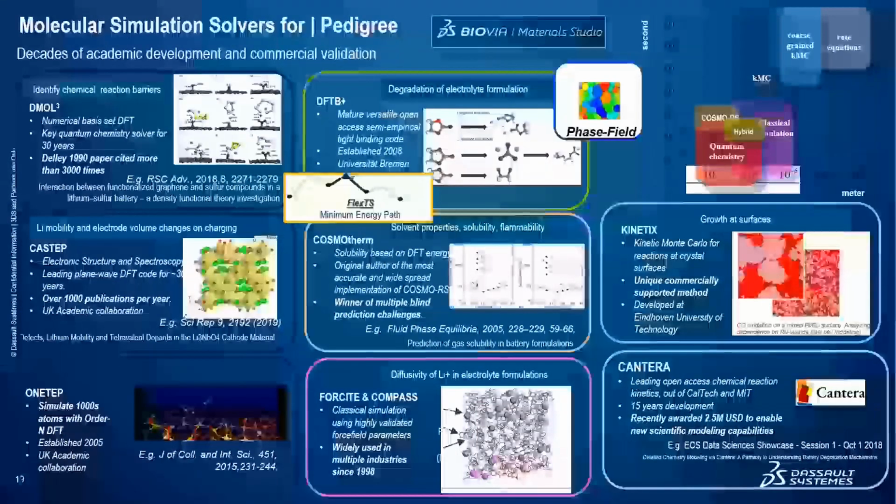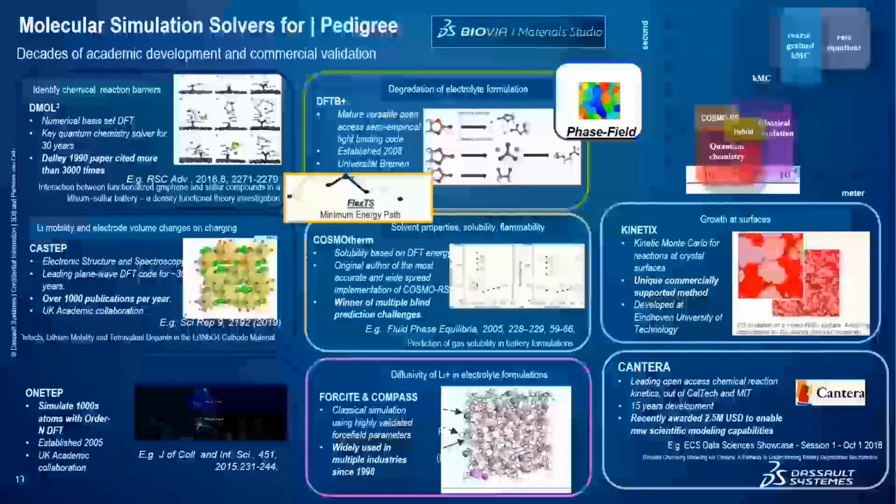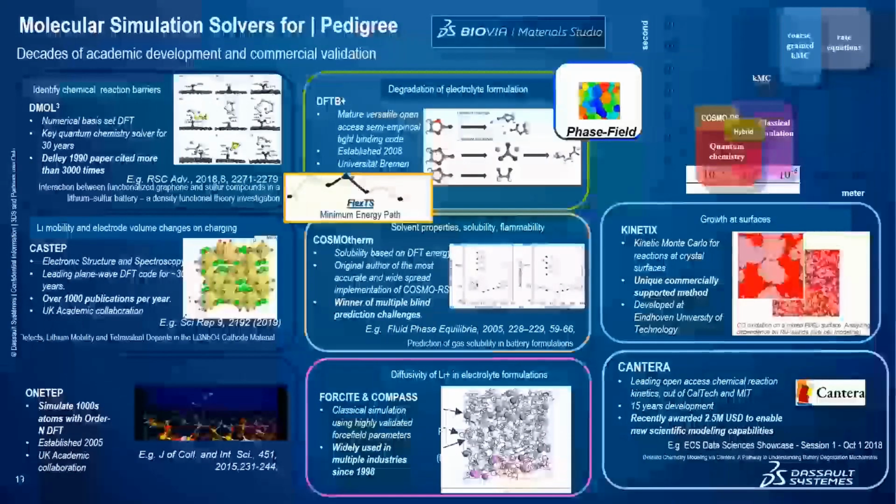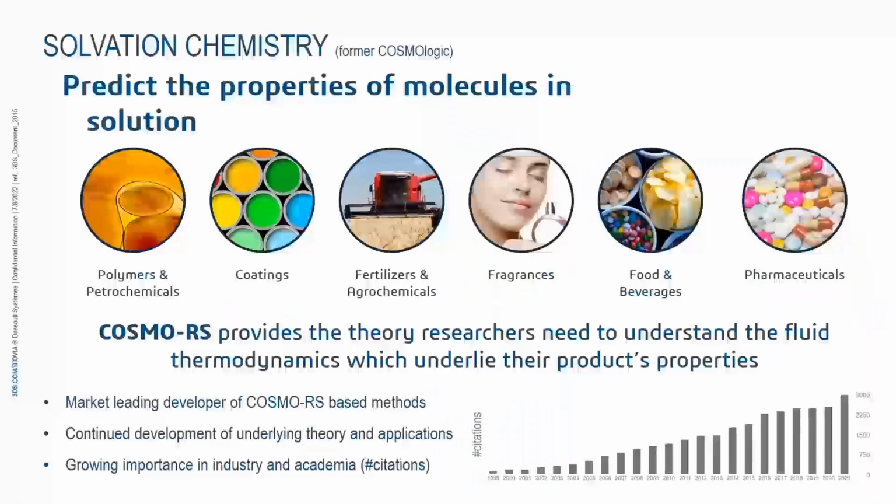Okay. And there's another tool that we have. I will probably not show examples or go into details on it. This is mostly on liquid properties. If you're using many different solvents, and solvents can be used in polymers, petrochemicals, coatings, fertilizers, fragrances, food and beverages, pharmaceuticals, solubility is a very key phenomenon.